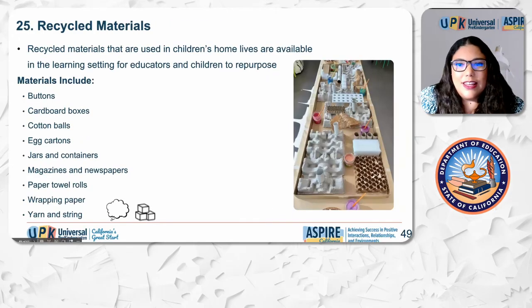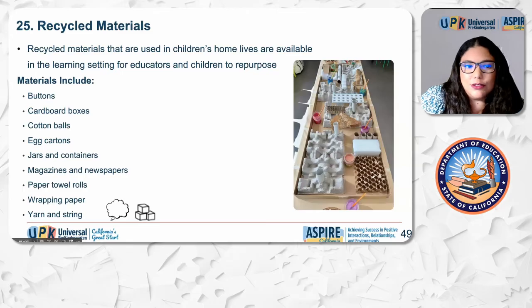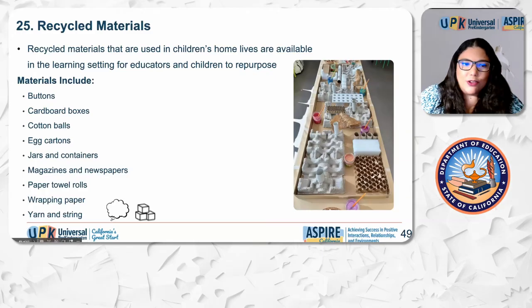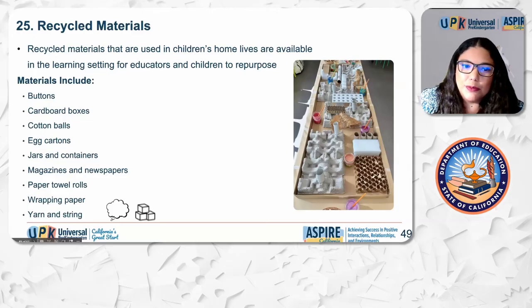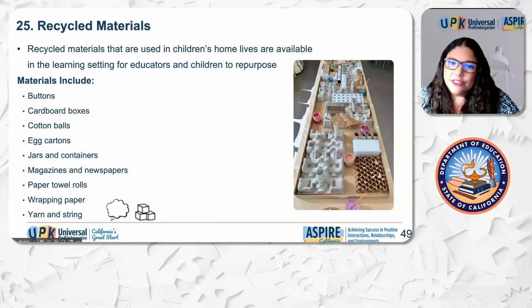Thank you. Next, we have recycled materials. So this brings familiar everyday objects into the classroom for children to repurpose in creative ways. Items such as cardboard boxes, jars, fabric scraps, paper towel rolls, magazines, or yarn can offer endless possibilities for building, crafting, sorting, and exploring.